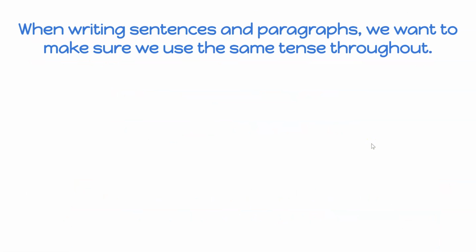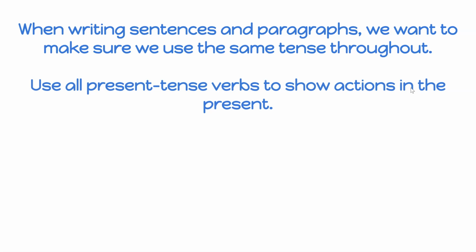Also, when writing sentences and paragraphs, we want to make sure that we use the same tense throughout. So we use all present tense verbs to show actions in the present. If you're writing a sentence or a paragraph and you're writing in the present tense, make sure the whole entire paragraph is in the present tense.